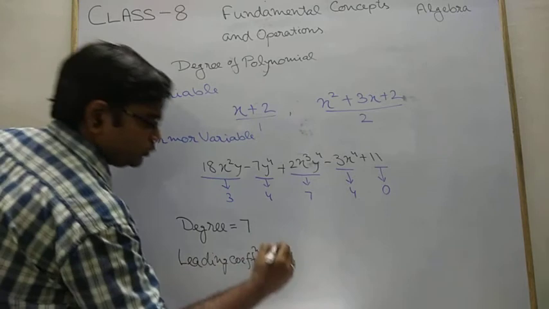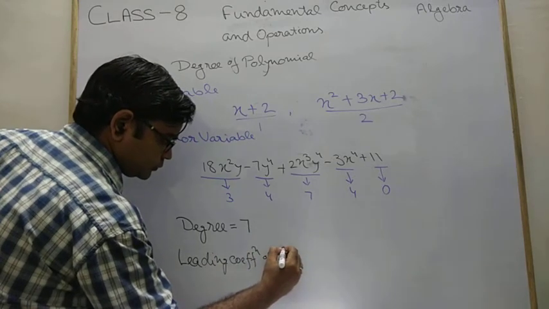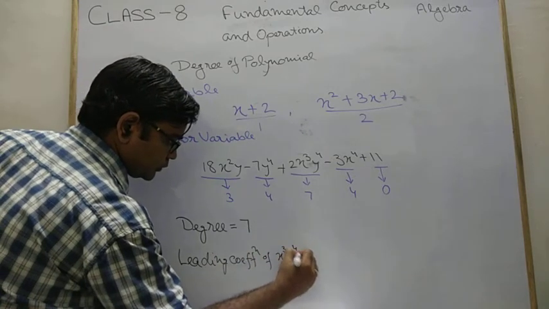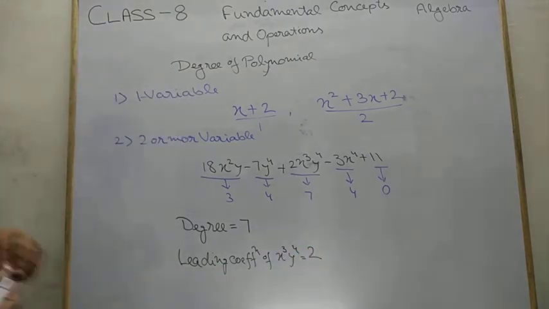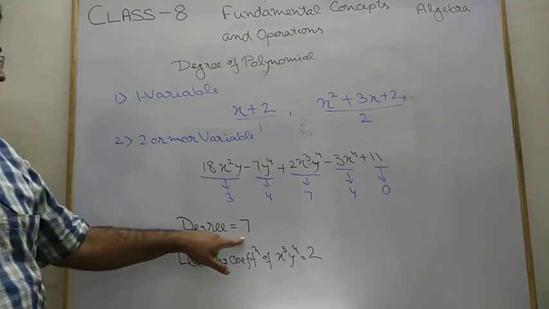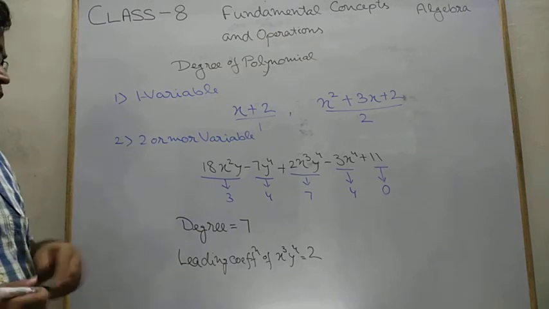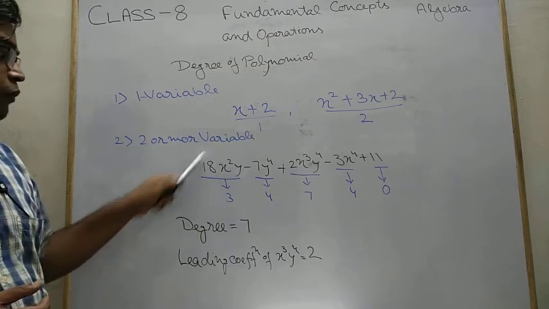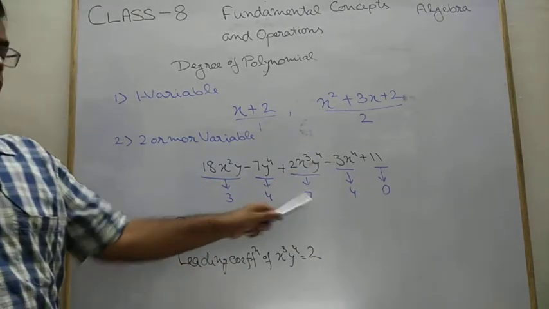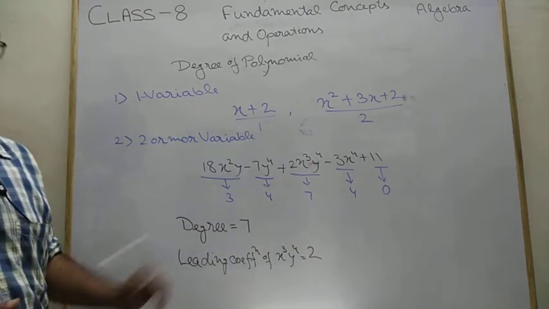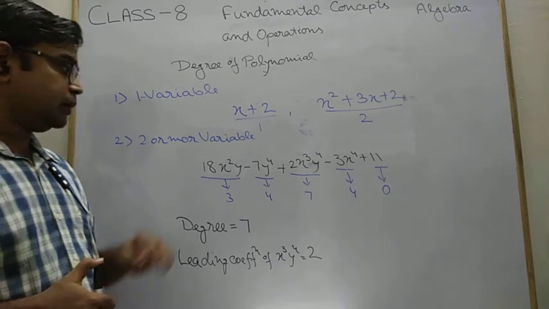Of this term, x cube y to the power 4, it equals 2. That is an extra concept here, but I hope this is clear to you. We first find the degree of the individual terms, then write the highest degree of the expression, that is 7. This is the concept of degree.